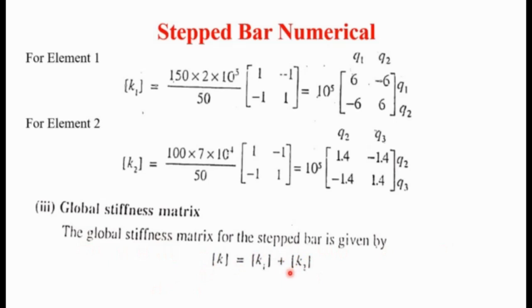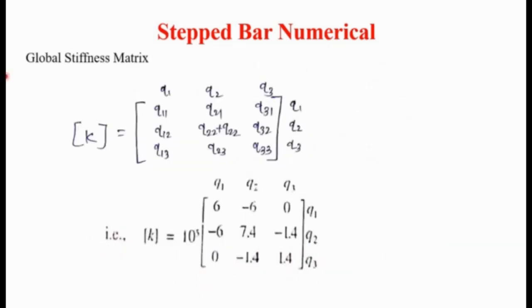As we discussed in the previous lecture, the global matrix has entries Q11, Q21, Q31, then Q12, and at the central node Q22 plus Q22 of the second element, then Q32, then Q13, Q23 and Q33.